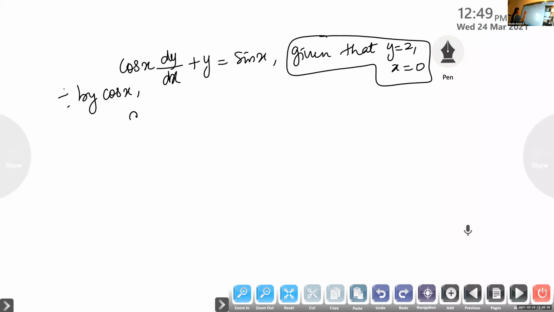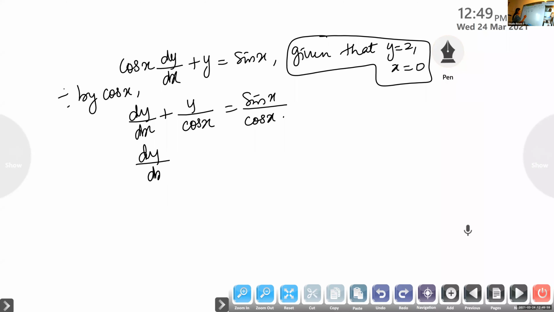So we get dy by dx plus y by cos x is equal to sin x by cos x. That is dy by dx plus y into, what is 1 by cos? Sec x, is equal to tan x.